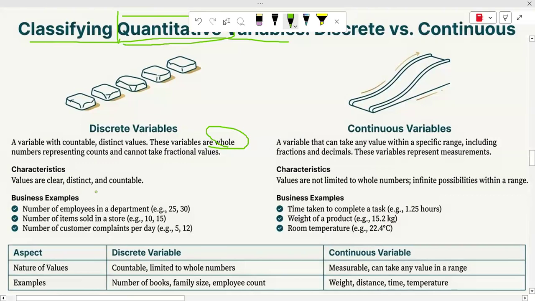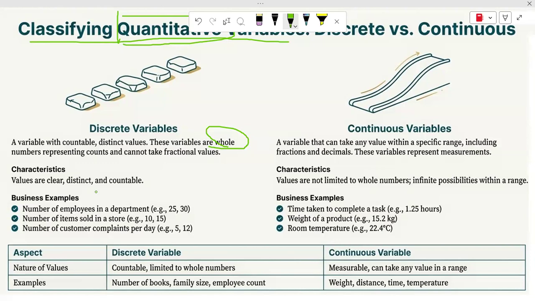Number of employees in a department: some might say 25 employees, 30, 50, 100,000 employees. Not 20.5, not 30.2225. We cannot say that. Number of items sold in a store: how many items did you sell? 10 items, 15 items.